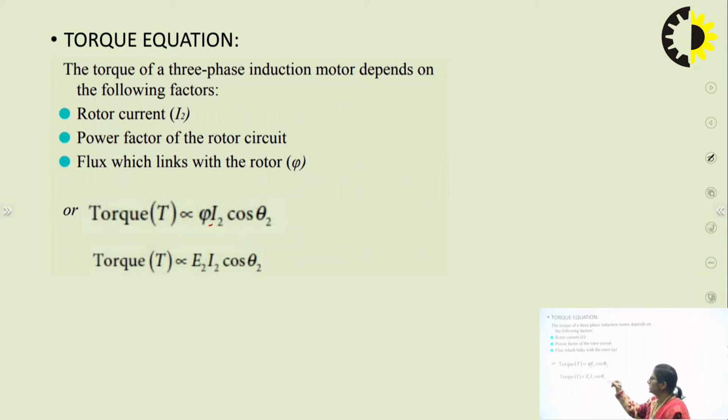Now, this flux is produced because of the supply voltage V1, the three-phase AC supply we give to the stator of the induction motor.